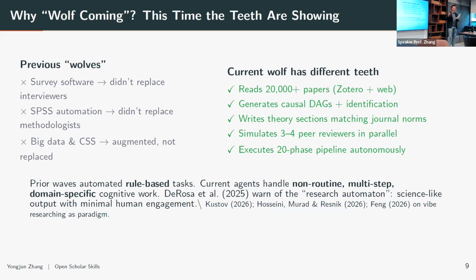Because that's your knowledge, your prime knowledge. It can generate causal DAGs, identification strategies, theory sections matching journal norms, simulated peer reviews, and execute a 20-phase pipeline autonomously. So you see, it's different. That's why I was trying to say agentic AI is qualitatively different from prior automation waves.